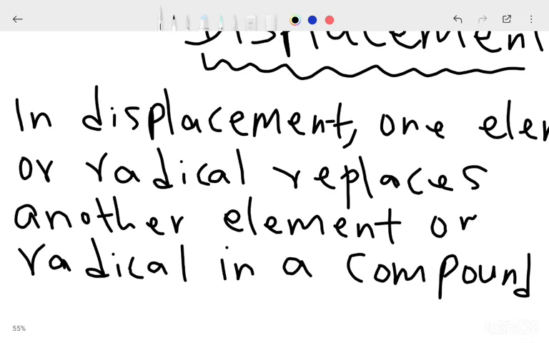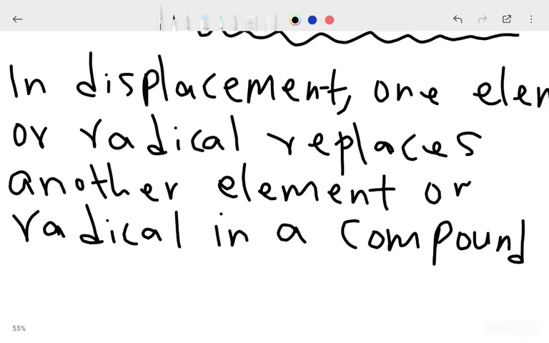Are you getting it? That one must be what? Stronger. Or the radical that wants to replace the previous one must be stronger than the other radical. That is just the meaning of to replace. You are not too strong, man replaces you. You don't reach me, man replaces you. That is what to displace means.